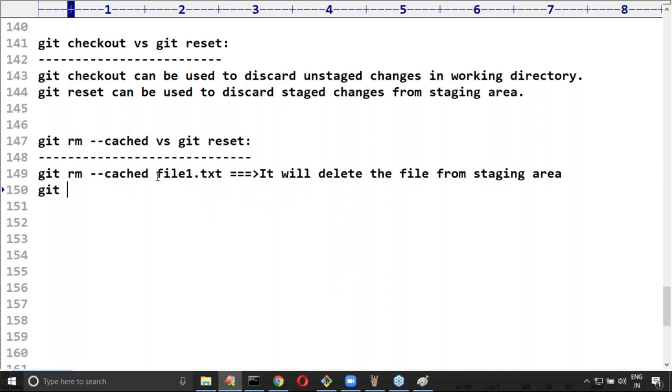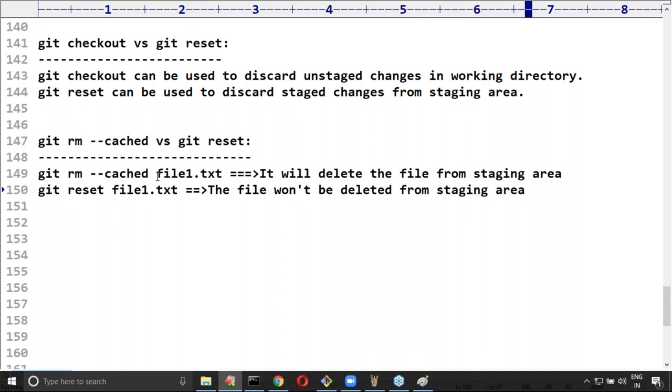But if I use git reset file1.txt, very very important: the file won't be deleted from the staging area, but reset to the previous state, one step back.